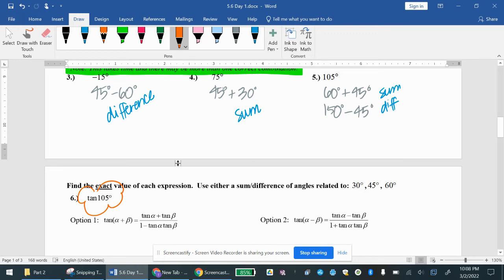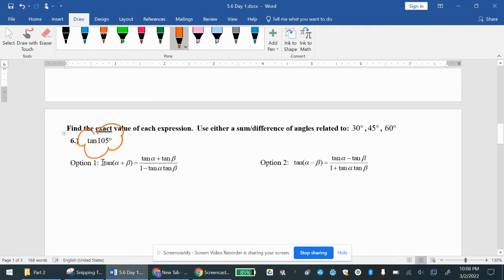So what you want to do is find either a sum. So option 1 is to find a sum, a way to find two angles related to 30, 60, 45, or including 30, 60, 45, to rewrite the angle you're interested in, which is 105. Or you can find a difference.